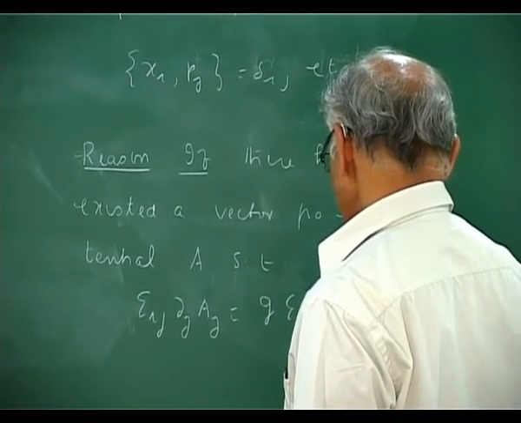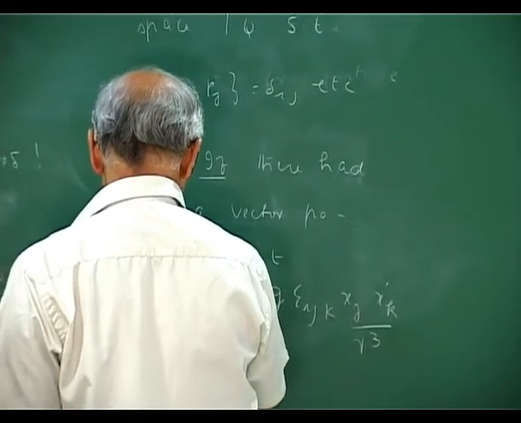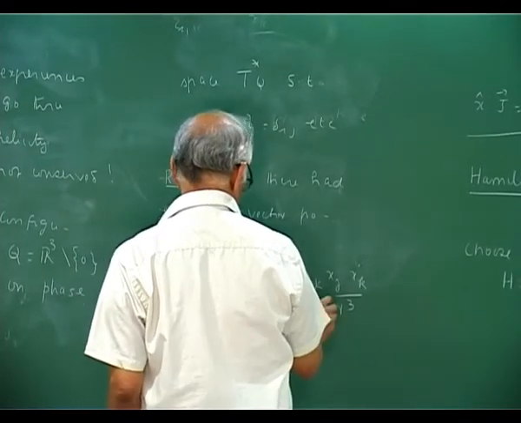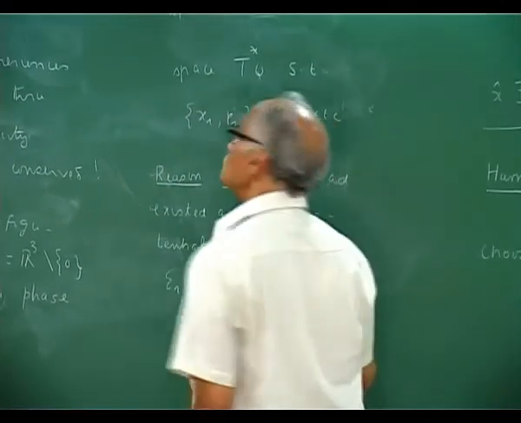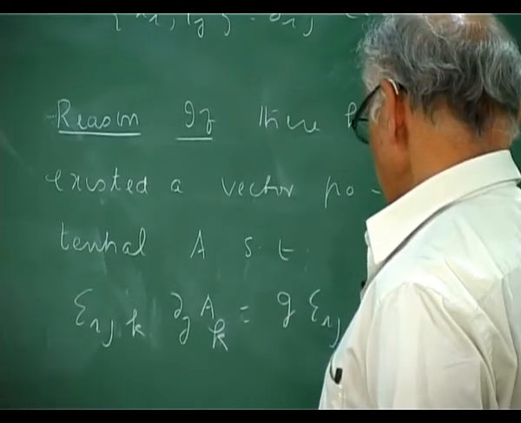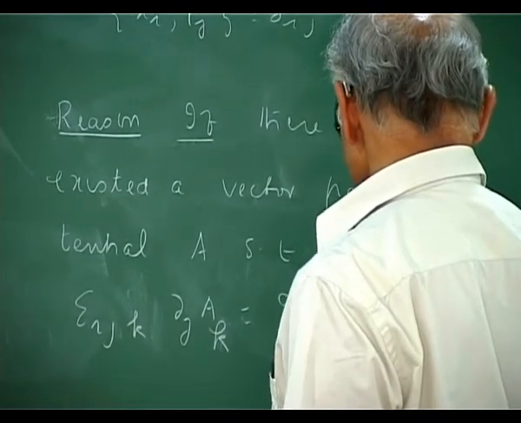Epsilon ij, I am not writing it correctly. The magnetic field is curl, it should be xk, the magnetic field is this, sorry.